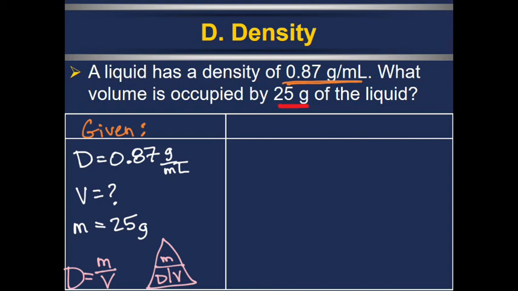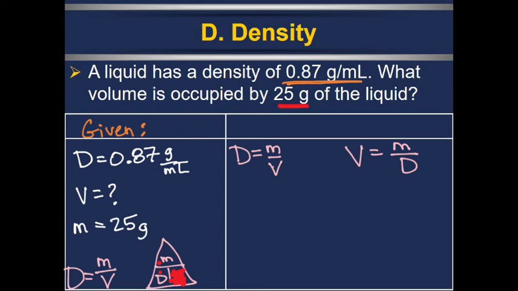So if I come up here and I put in density equals mass over volume, and I want to rearrange it for volume, that's what we're solving for, cover it up. Well, it must be mass divided by density. So volume equals mass divided by density. Again, I don't care which way you put this stuff in, but it needs to be put in appropriately.